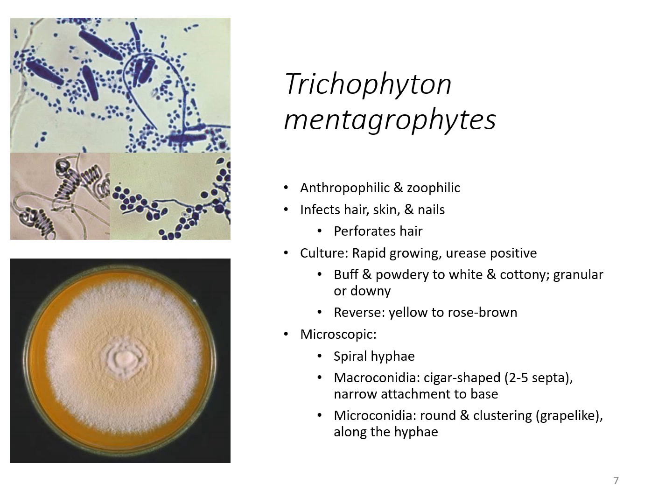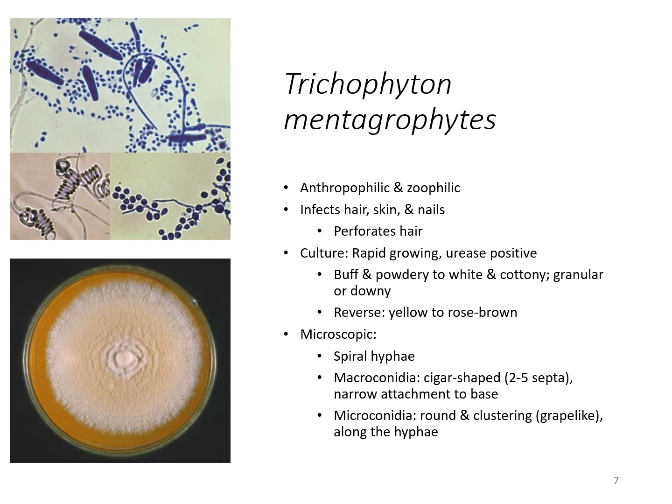With this particular organism on culture, it is a rapid grower and it is urease positive. The color of the culture plate can be buff to powdery with a white cottony or granular appearance, or it could be kind of downy, like a little bit fluffy.